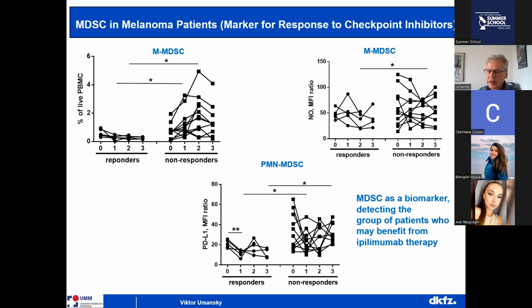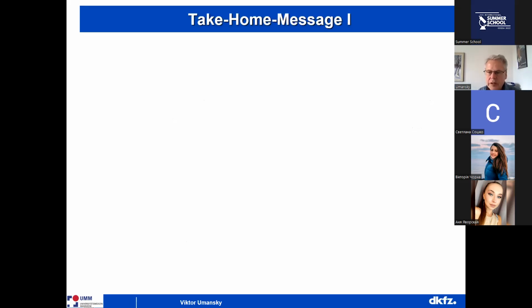So MDSC can be used as a biomarker detecting the group of patients who may benefit from therapy with immune checkpoint inhibitors, in particular ipilimumab, anti-CTLA-4 antibodies. But we found the same data for anti-PD-1 antibodies.